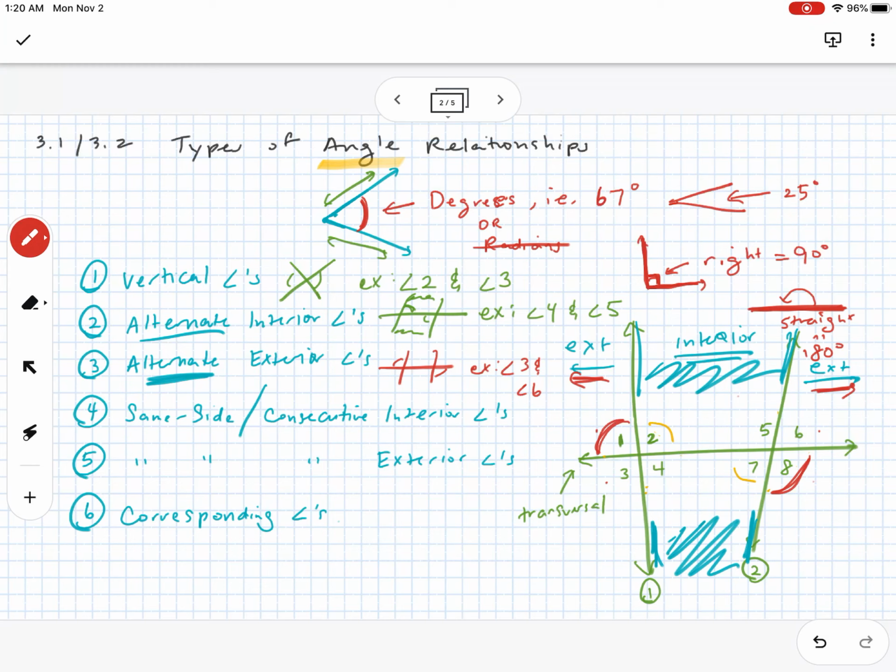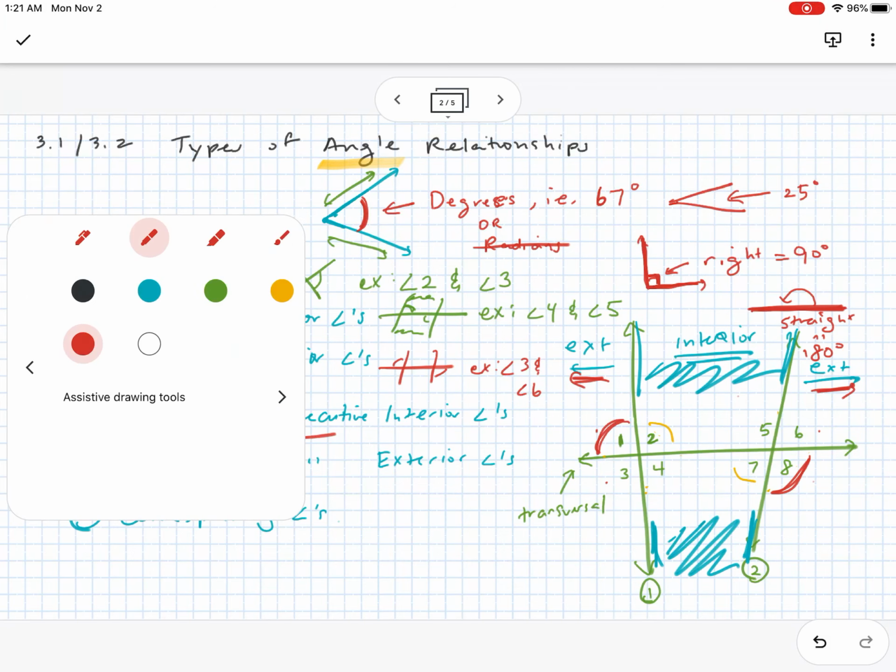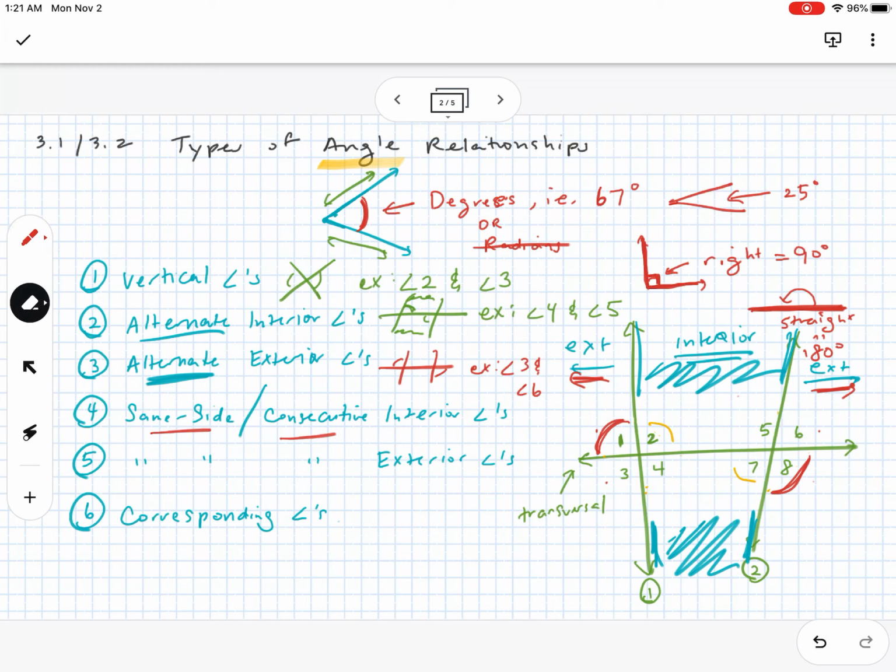Okay, and then the next part is called same side consecutive interior angles. So now we're going back to the interior region, and then we're looking at the same side consecutive. And so what that means is that we're looking at the angles that are on the same side of the transversal. So like angle 2 and angle 5.